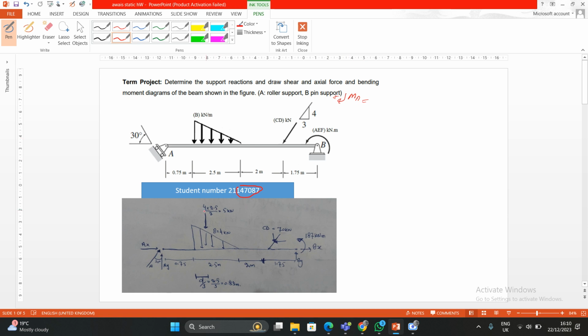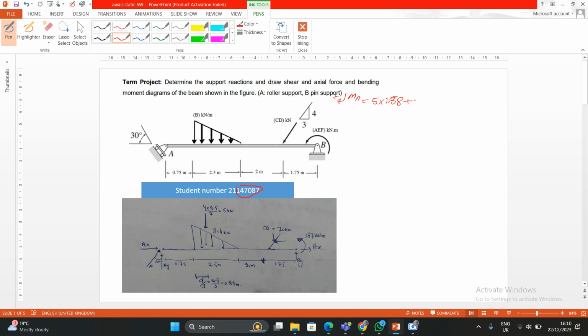So now we can just draw these forces to the A point. So 5 multiplied by distance, which is 0.75, and so on, will be 1.58. Okay, so now we can multiply the other force as well, which is 70 from the y-axis, so it also becomes positive because it's going clockwise.